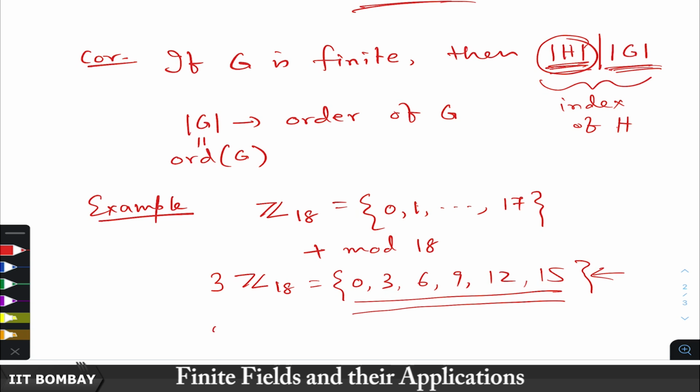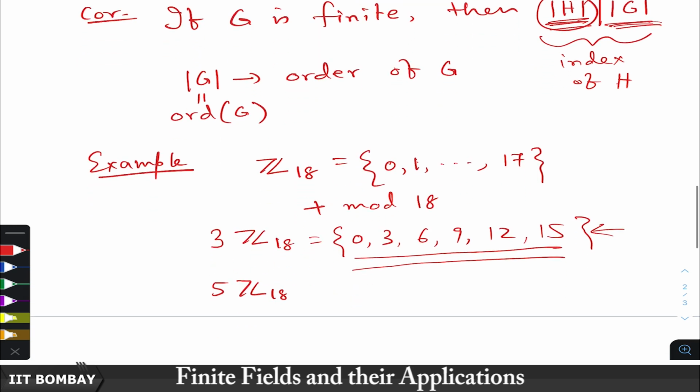Now, what if you take 5 times Z18, which means you multiply by 5? But when you do that, multiply means addition of that element with itself 5 times. So, addition modulo 18. So, what will we get?